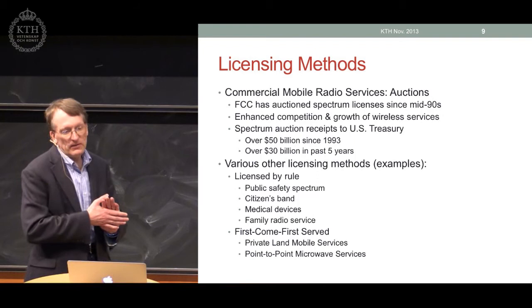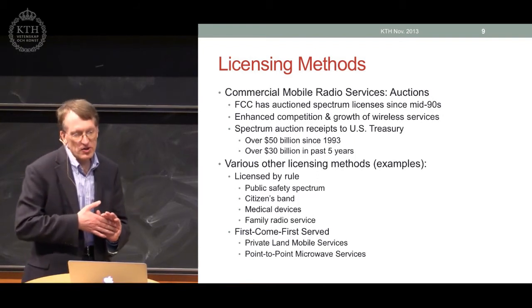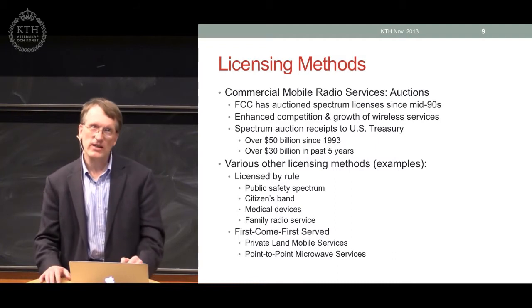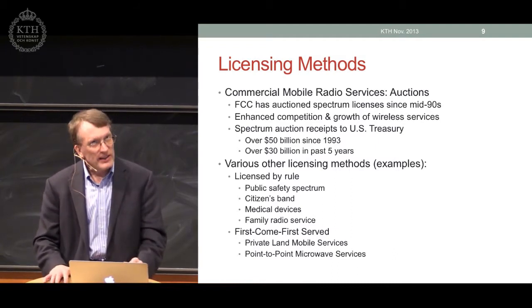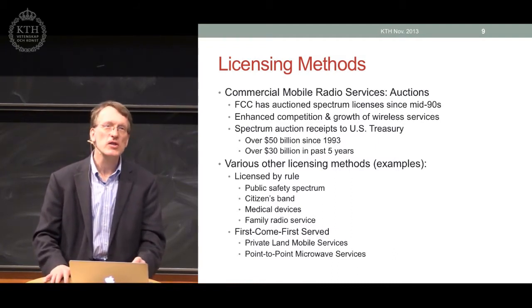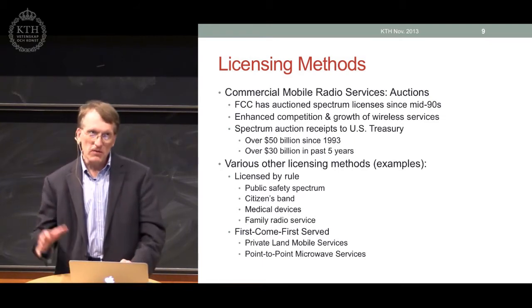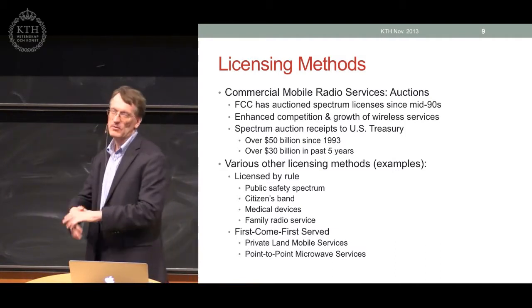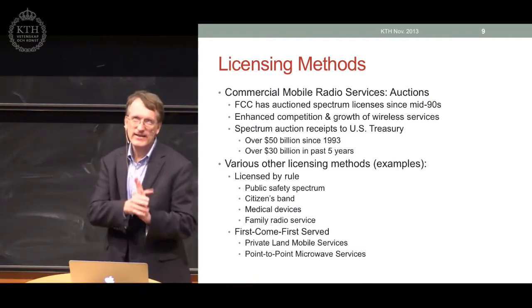So in what's called commercial mobile radio service, which is cell service, it's all now done, at least in most countries, by auctions. In the old days, it was done by what was known as a beauty contest. You had multiple operators who would come to the regulator and say, I'm going to build this massive, wonderful network. I'm going to offer all these fancy voice services.